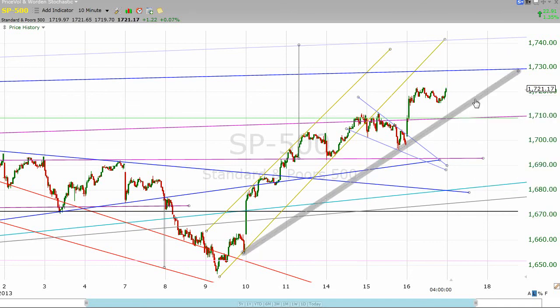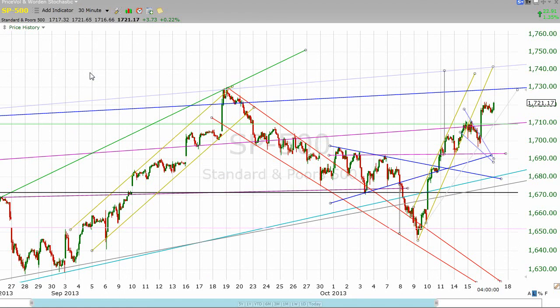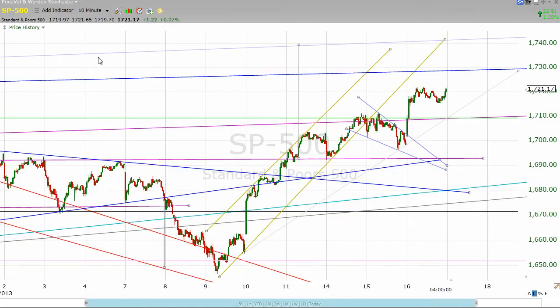I'm going to make that really super light gray so we don't get thrown by it, that this is anything that's proven its value, because so far it hasn't. But one thing I will show you, it is not nearly as steeply pitched as this line. It's still more steep than this one. So let's just see if that tells us anything as we head into the rest of this week, and as we head into next week as well.